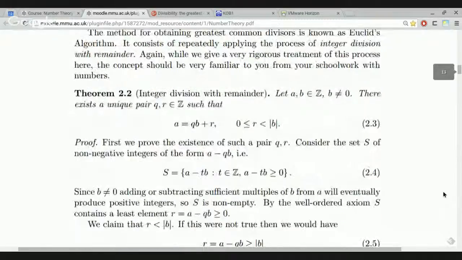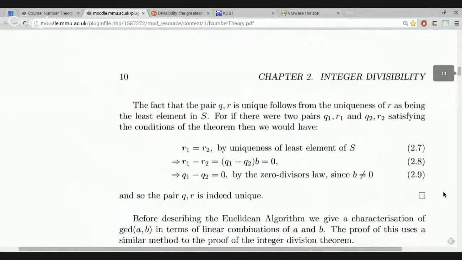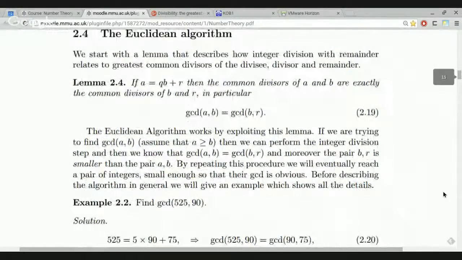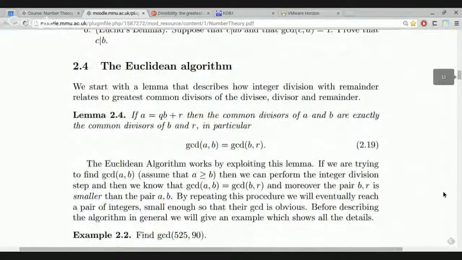So what is it about the greatest common divisor? Well, there are two main facts. In the next lecture, we'll be looking at something called the Euclidean algorithm. The Euclidean algorithm is an algorithm which, given any two numbers, spits out their greatest common divisor.